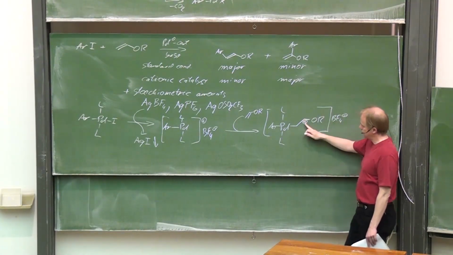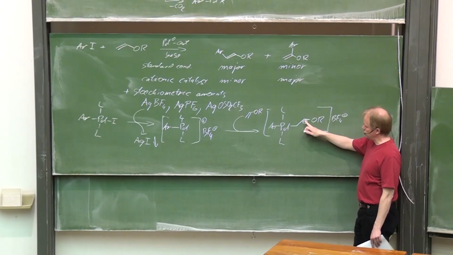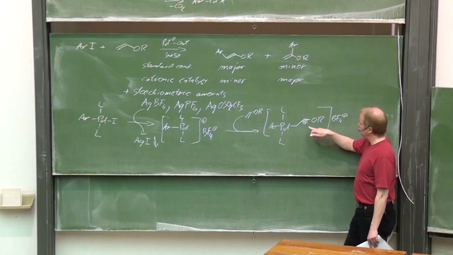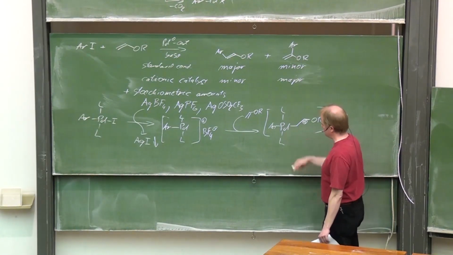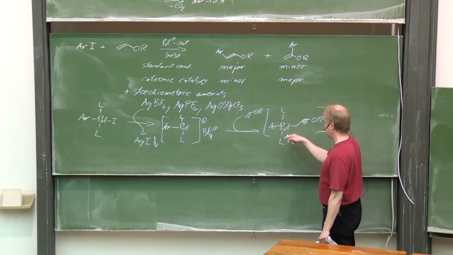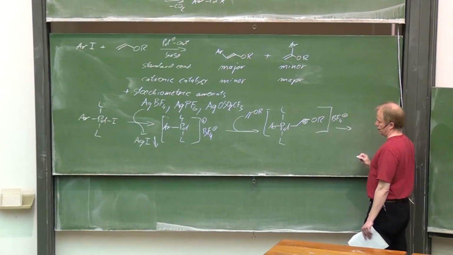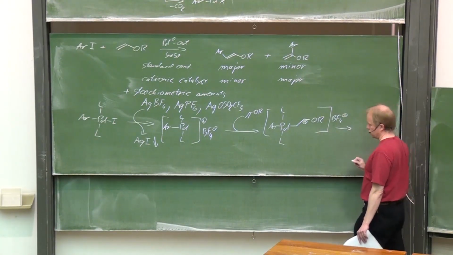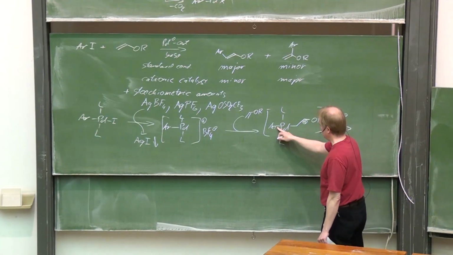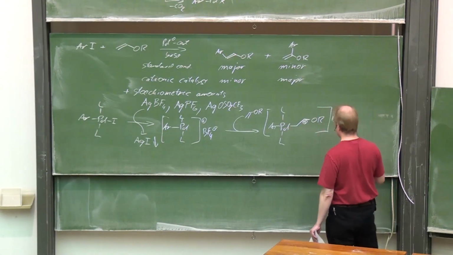So here the cationic charge is mesomerically stabilized by the ether functionality. Well, here I have drawn that with the trans configuration. For the next step, the transfer of the aryl group, it should be in cis configuration to that substituent.